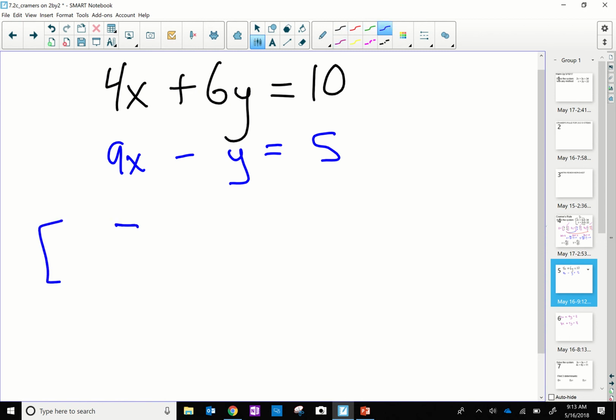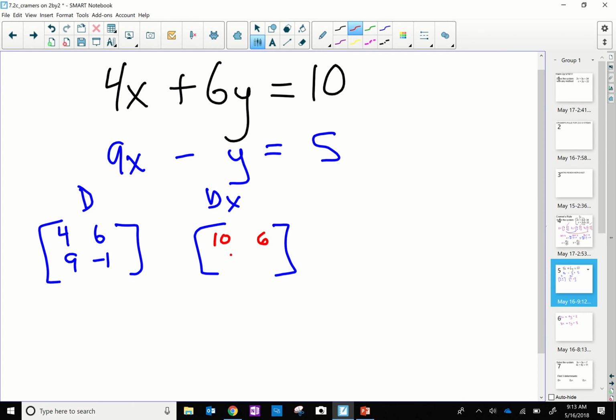So I'm going to write down my 3 matrices. We get 4, 6, 9, -1. That's my D matrix. The dx matrix will be 10, 6, 5, -1. So I'm replacing the x coefficients with the answers, which you can sometimes just do mentally rather than physically writing it.